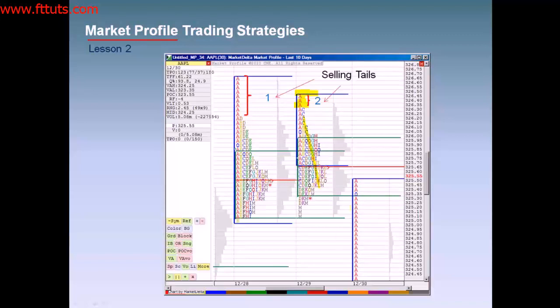All right, now we get to the 3rd day, and I didn't have enough room on this chart to show you. Wow, take a look at this selling tail here on our 3rd day. Okay, our 3rd selling tail. How many prints? We have more prints than you see on the chart. 1, 2, 3, 4, 5, 6, 7, 8, 9, 10, 11, 12, 13, 14, 15, 16, 17. Oh, I get tired. So many prints on that selling tail.